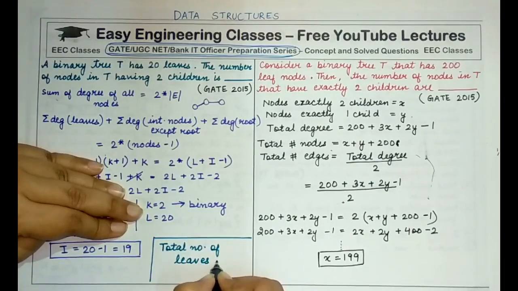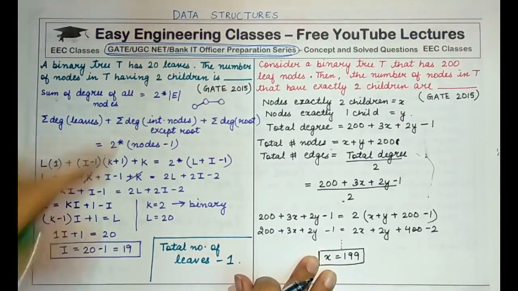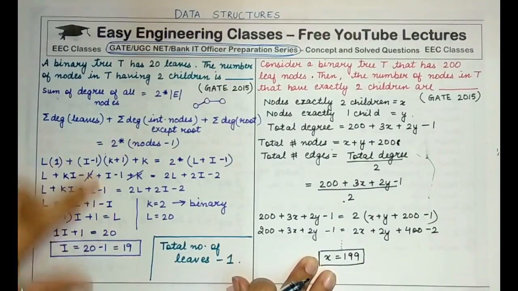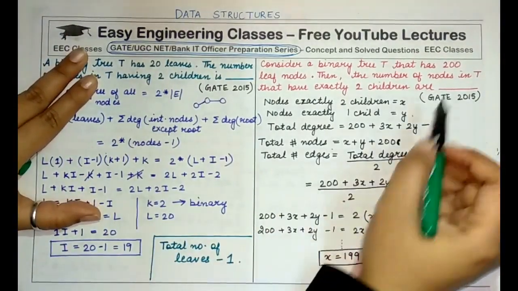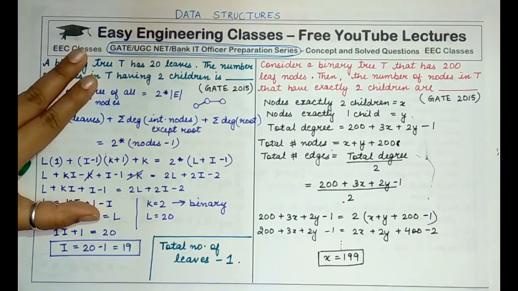That means in this question, the number of nodes having 2 children would be the total number of leaves, that is 20, minus 1, which is 19. Here also the total number of leaves is 200, and 200 minus 1 is 199. That is how we achieved it.